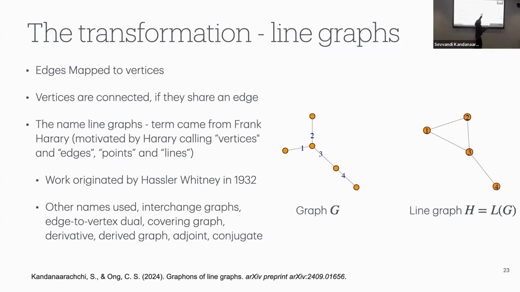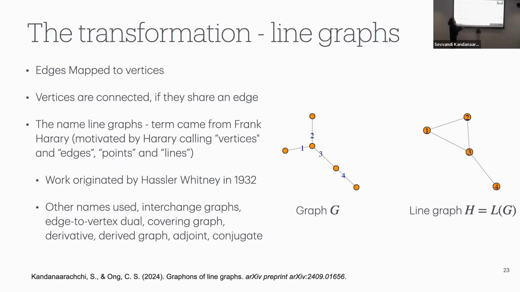This edge is mapped to vertex 1 in your line graph H equals L(G), this edge is vertex 2, that edge is vertex 3, and this edge is vertex 4. 1 and 2 share a node, so those edges are adjacent, so these two vertices are adjacent. 2 and 3 share a node, so they're adjacent. And 1 and 3 are also adjacent. 3 and 4, there is an edge.